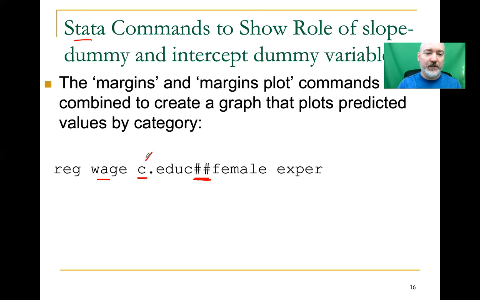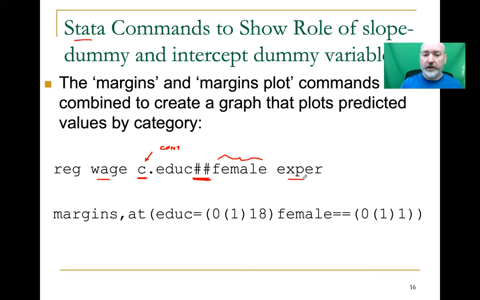That is telling Stata that this is a continuous variable. So the c. says we're going to treat education as a continuous variable. I don't have that continuous indicator on female, so that's going to be the binary variable. And then the double hashtag says include education on its own and the product of the two. And then we're not interacting anything with that extra experience variable here.